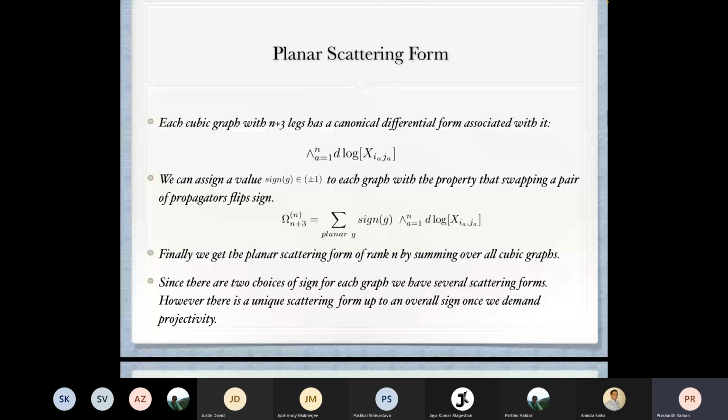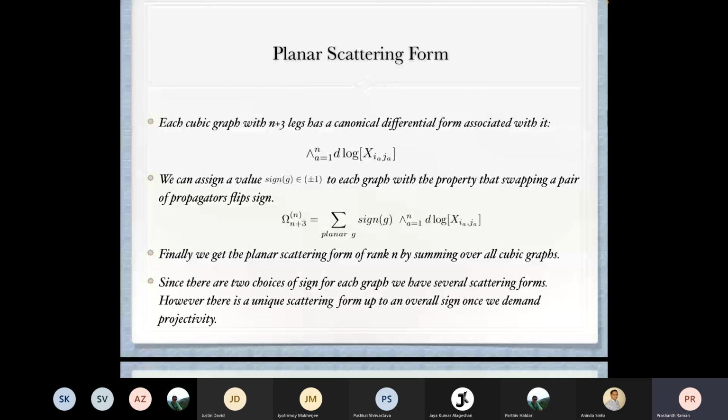Now you can assign a sign ±1 to each graph, consistent with all the flipping in the wedge product, and add them all up. This form is what is called a planar scattering form.